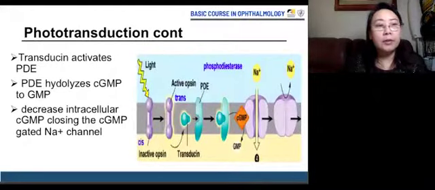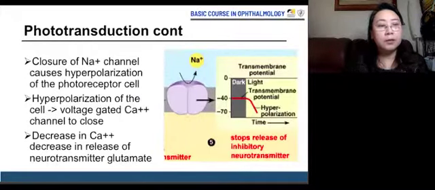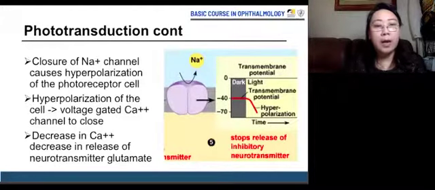Transducin, in turn, activates cyclic GMP-specific phosphodiesterase, which causes hydrolysis of cGMP to 5' GMP. The decrease in cyclic GMP causes closure of the sodium channels. So the closure of the sodium channel causes hyperpolarization of the cells.